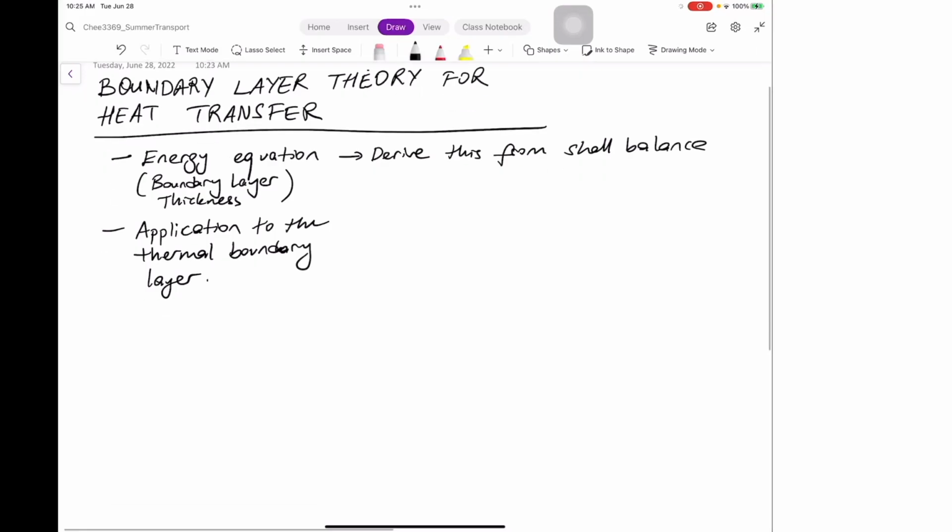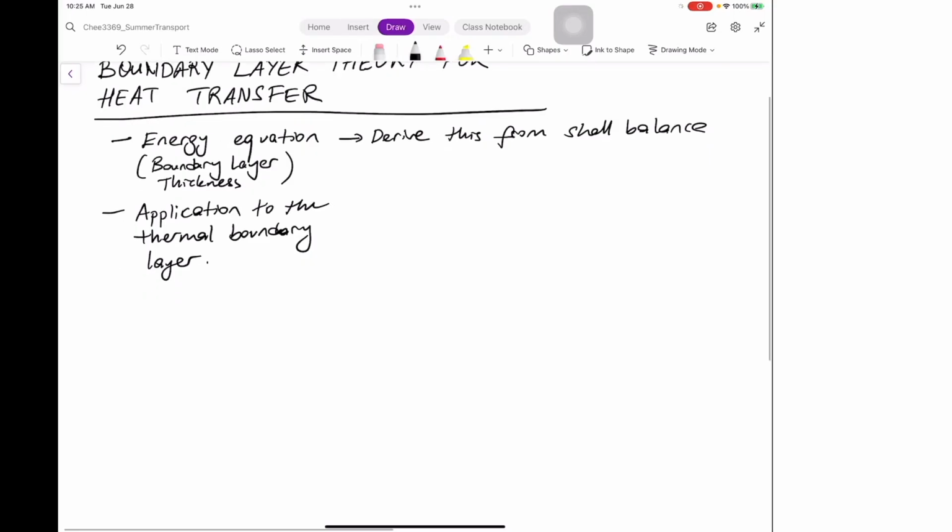Okay, so let's say first the derivation of the energy equation.